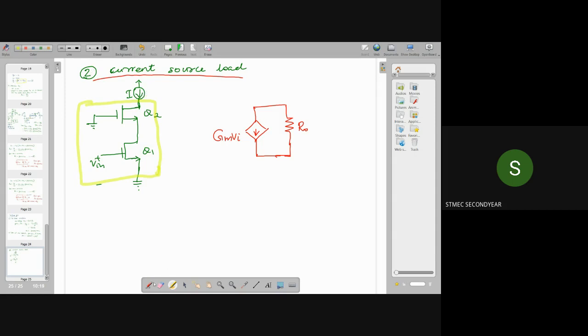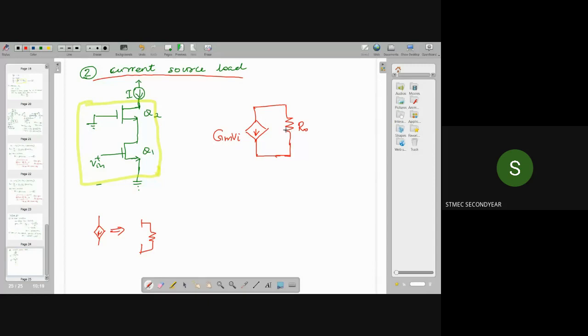So for this current source load, as we already explained, this current source load can be replaced with the open circuit, already discussed.